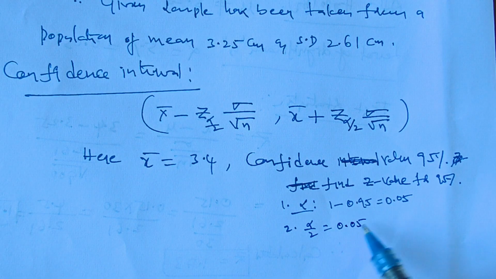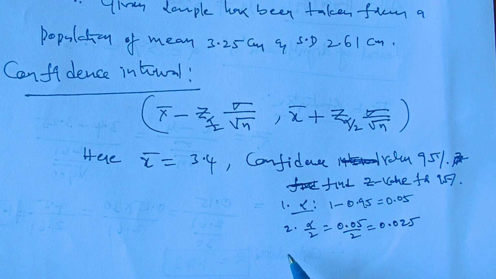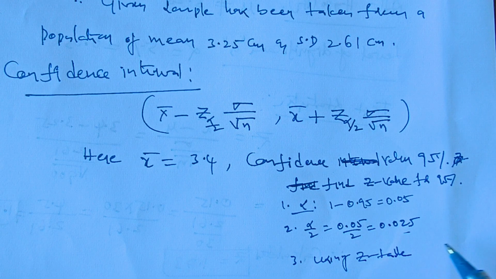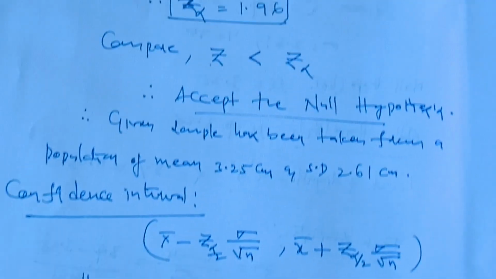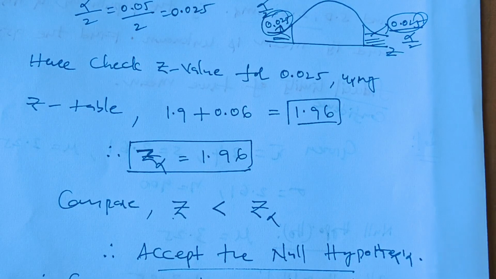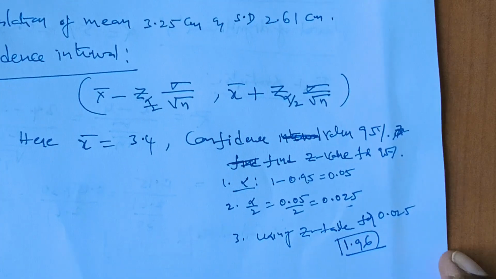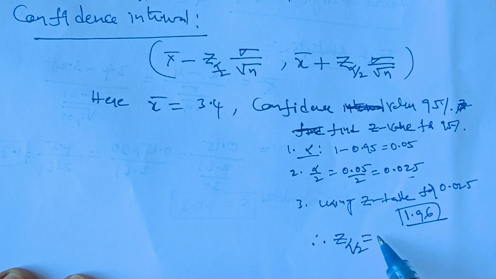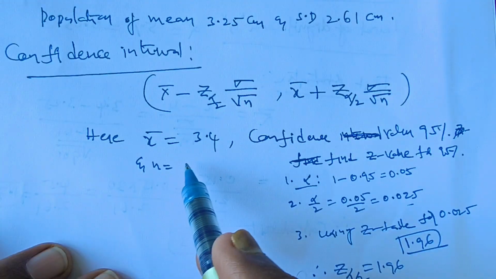Remember, the steps are: first we have to find the level of significance, alpha, obtained by 1 minus 0.95, that is equal to 0.05. Now second point is alpha by 2, because alpha by 2 is given in the formula. So 0.05 by 2 is equal to 0.025. Now using the z table, we check 0.025 in the z table, already found here. This gives 1.96. So z alpha by 2 equals 1.96.